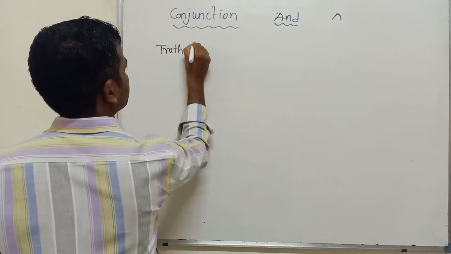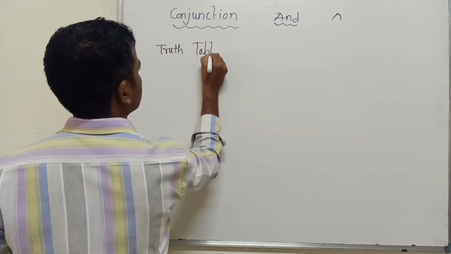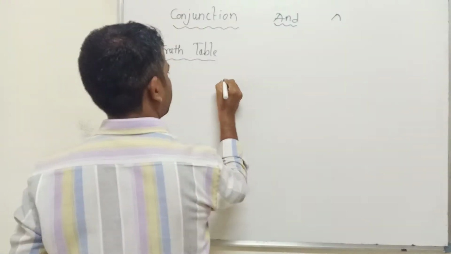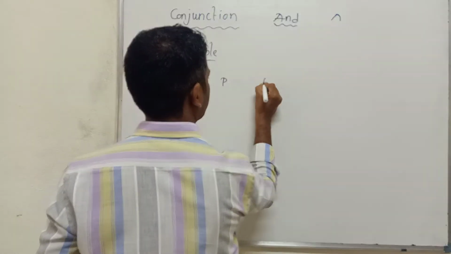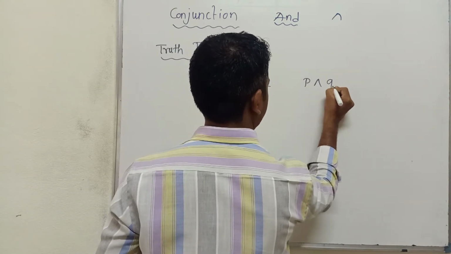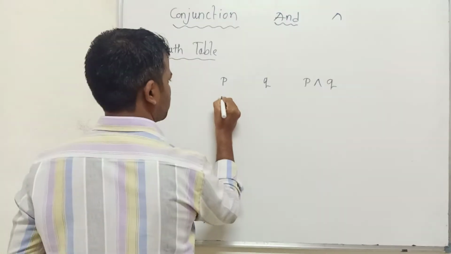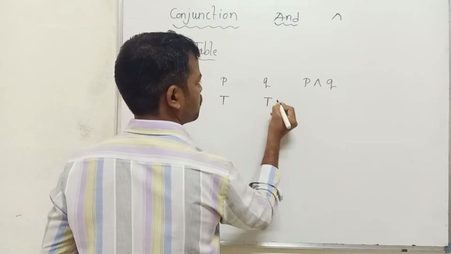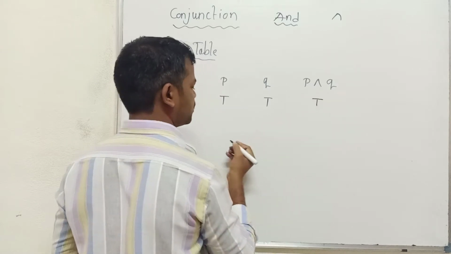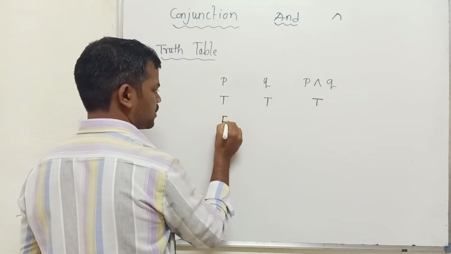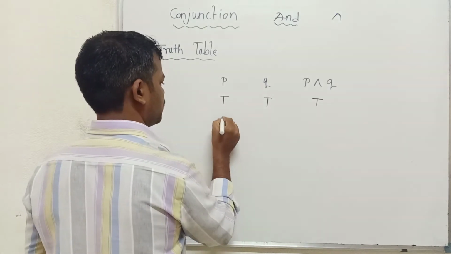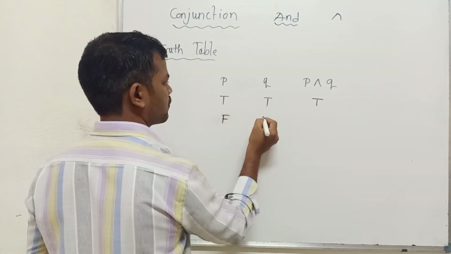Truth table. Let P and Q be the components, symbolically written as P and Q. If both P and Q are true, then we say it is true. If P is true and Q is false, it is false.